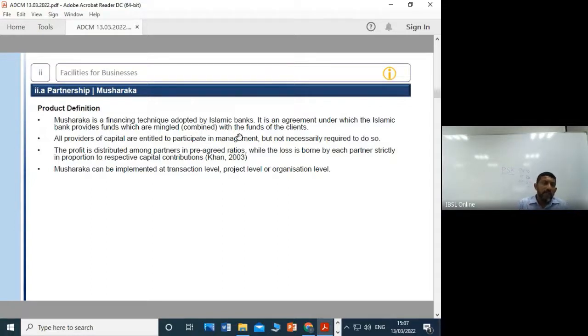So if the capital contribution is 50-50, loss will be shared 50-50. You can't agree on another ratio. Loss is always shared based on capital contribution.